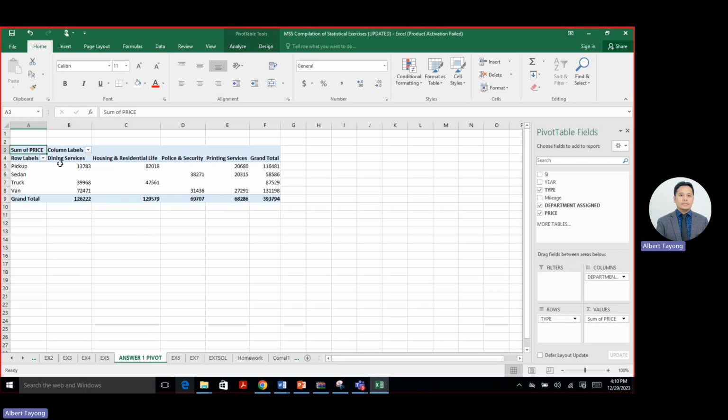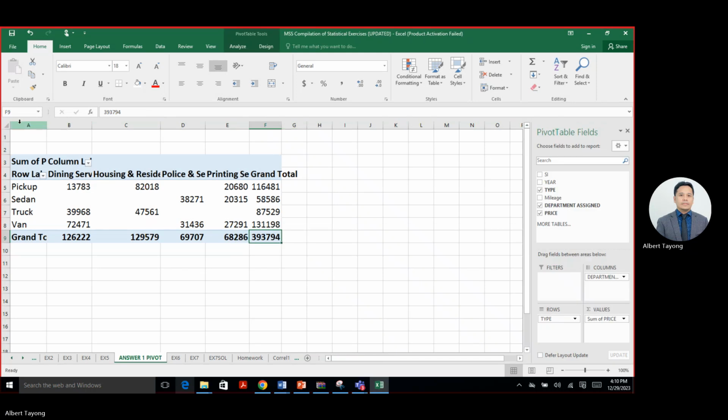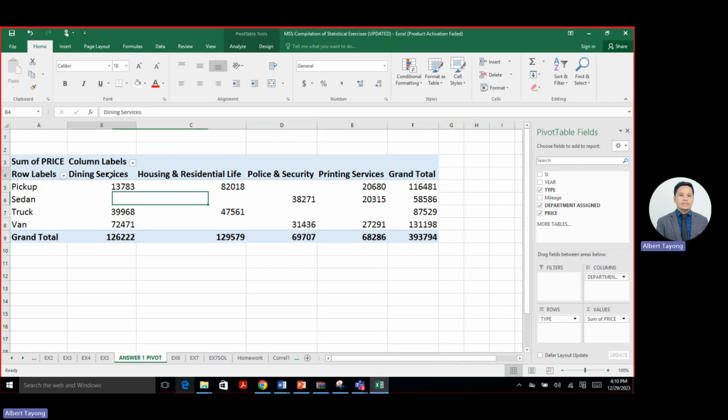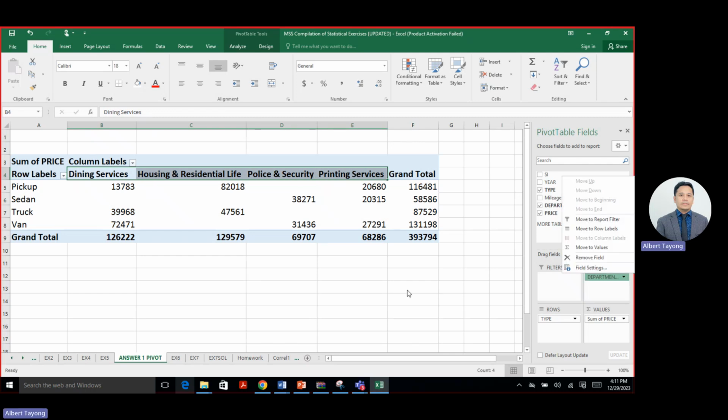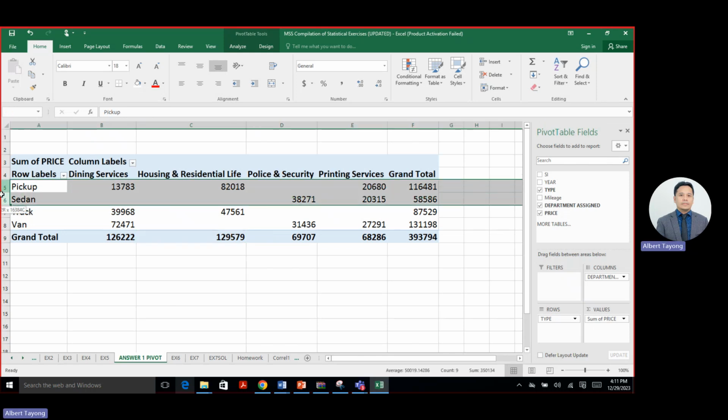So now, as you can see, here we have the columns: dining services, housing, police and security, and printing services. This is our column, the department assigned. And the type, we have pickup, sedan, truck, and van.